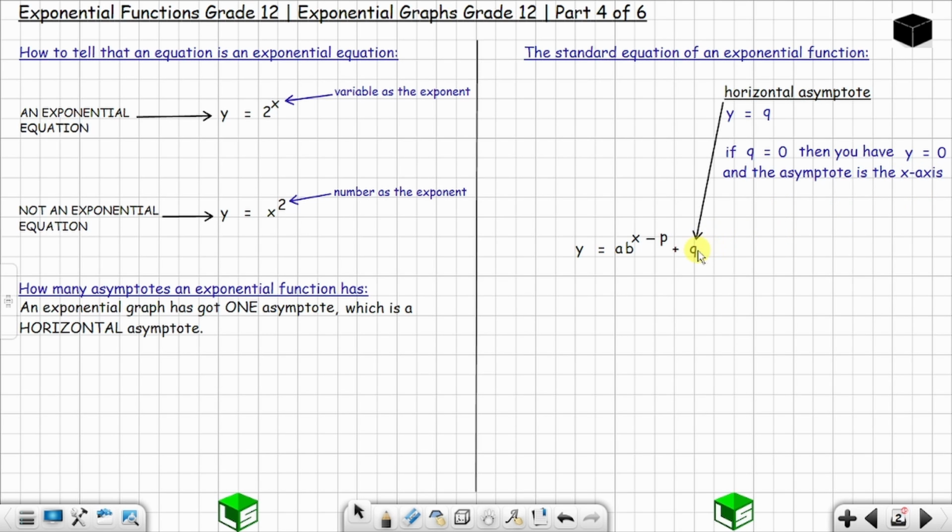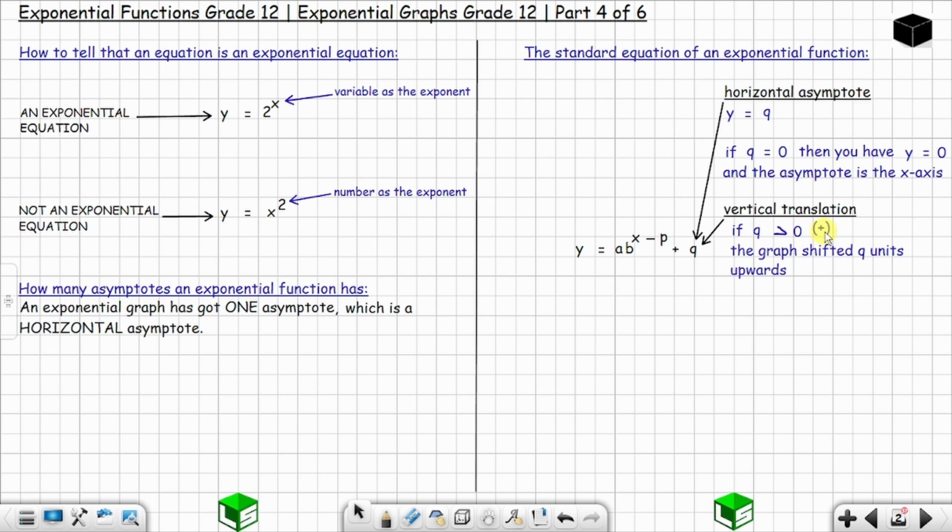The value of q can also give you the vertical translation, the vertical shift. This is a translation happening along the y-axis. If q is greater than 0, that means q is positive, then the graph has shifted q units upward.